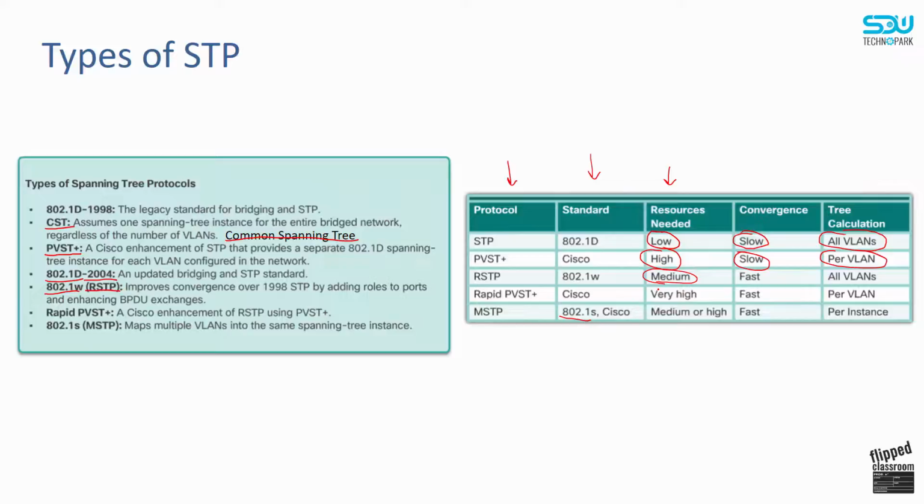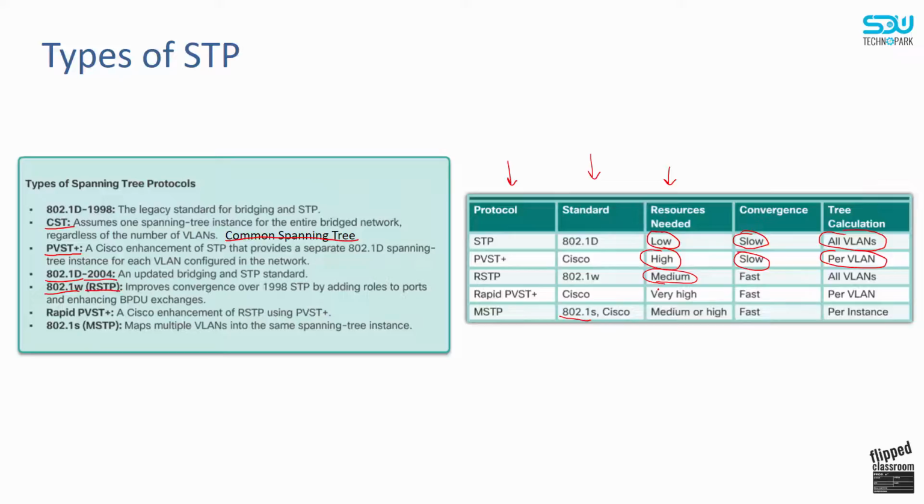But in RSTP, the switch makes the calculation before it places the port into the alternate or backup port state, and that is why it is taking more resources, and its convergence is fast.